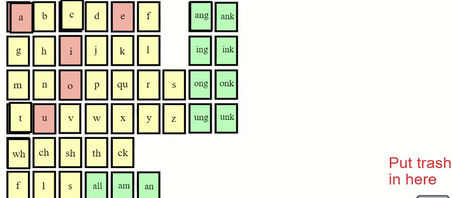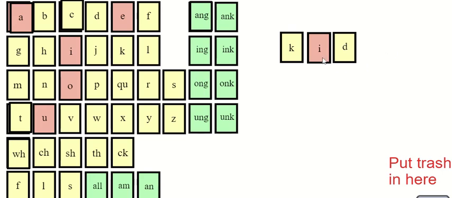Okay, for this part of the lesson, I'm going to show you how to build words. So I say the word, you repeat the word, and then you build it. Ready? The first one is kid. Repeat the word. In kid, I hear k, i, d. Now let's tap it to make sure it's right. Id, kid.